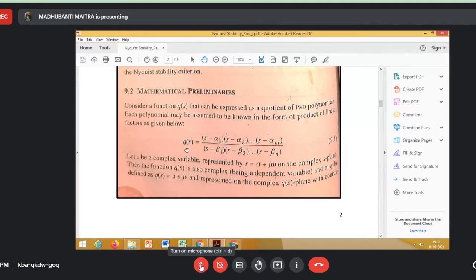So singular points are the points at which either the function or its higher derivatives do not exist, right? And the points at which this function does exist, those points are called analytic points, isn't it?